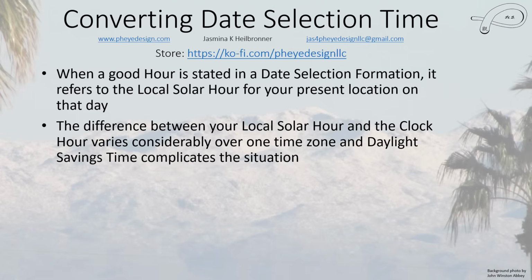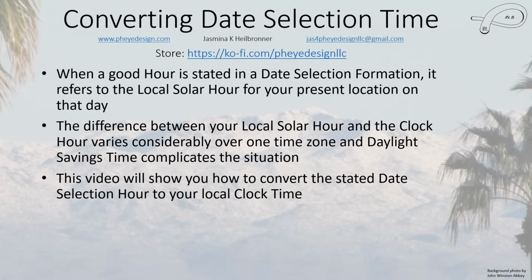Even within a given time zone, which is rather broad, the local solar hour can vary quite a bit. The difference between the clock hour and the solar hour can vary depending on whether you're on the east side or the west side of your time zone. And daylight savings time complicates the situation quite a bit.